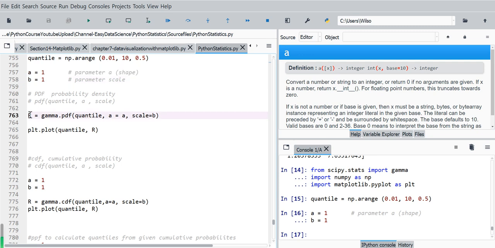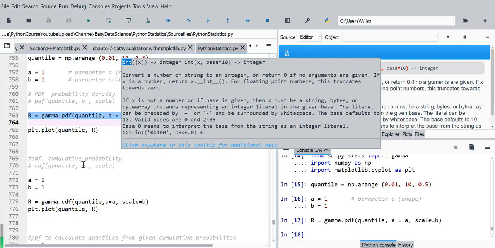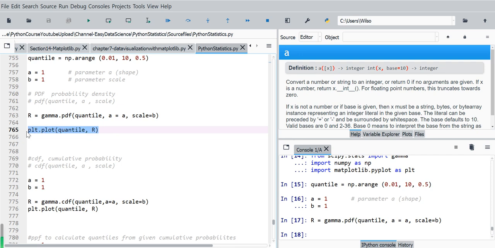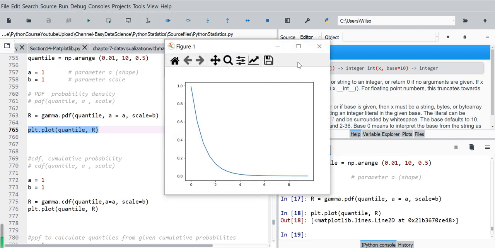So we use the function gamma.pdf to calculate the density of these random variables with the parameter a equals a, scale equals b. So we can plot the relationship between random variables and associated density.